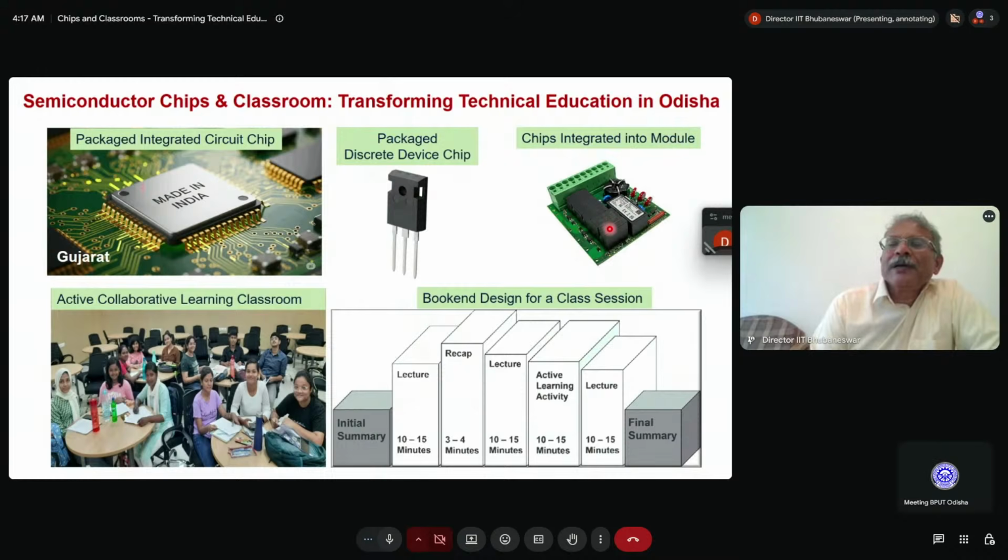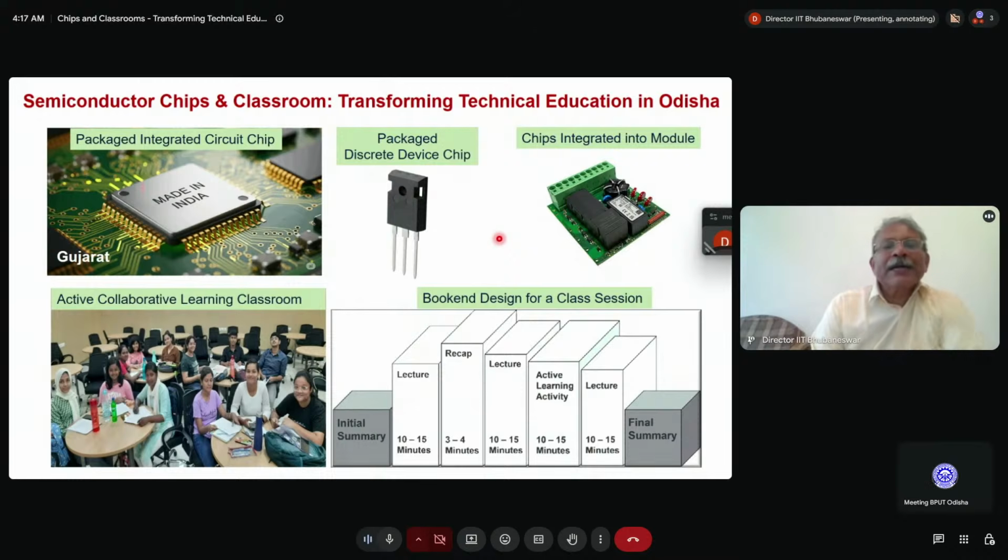Various chips are put together and some of the parts are packaged, and then there is an overall package of this. So various devices and packages put together is called a module. So this is an example of an integrated module. The semiconductor activity revolves around making these particular devices.